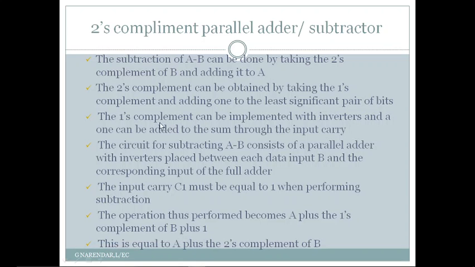So to implement the 1's complement, we use inverters or NOT gates. For each bit of the data, to obtain the 1's complement of each bit, you need one inverter.